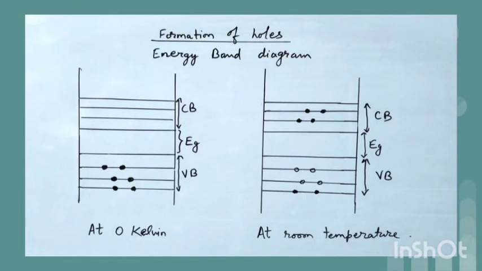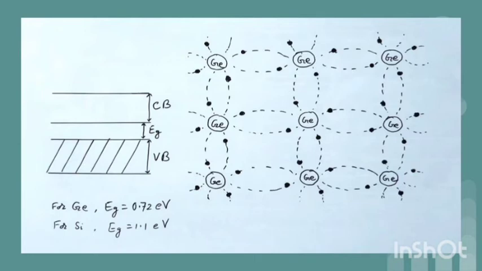A hole is considered as an active particle with the same quantity of positive charge as an electron in the conduction band. Hence, the motion of electrons in conduction band and motion of holes in valence band both contribute to the electrical conductivity in semiconductors. We can understand the formation of holes through valence bond concept.